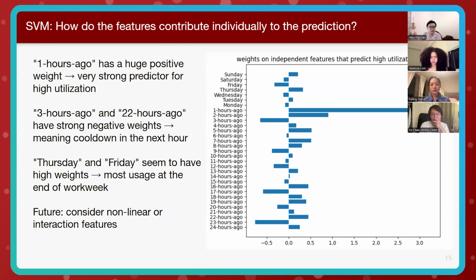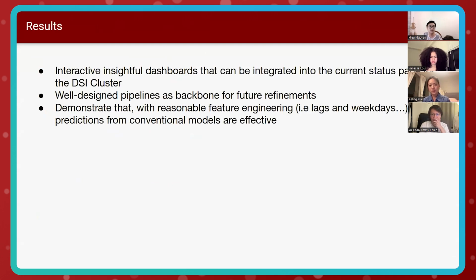Thursday and Friday are the 2 weekdays that have high weights. This indicates that most of the usage could focus around the end of the work week. And in the future, we also want to consider more nonlinear and interaction features to enrich the predictions.